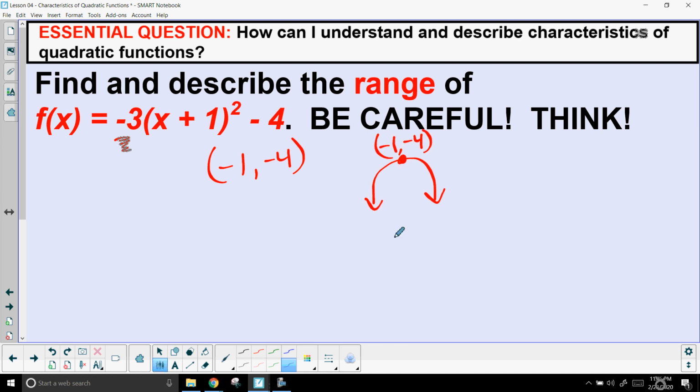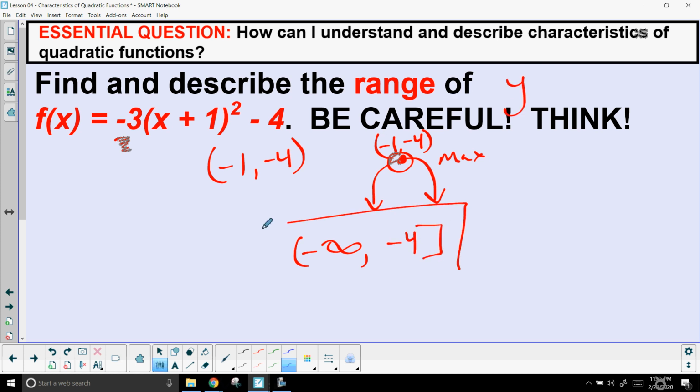And the highest point is right here because it's a max. So range, remember y values, up to -4, bracket. And yeah, this is one way you can write it, but we got the right thing.